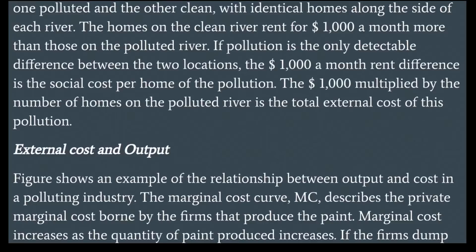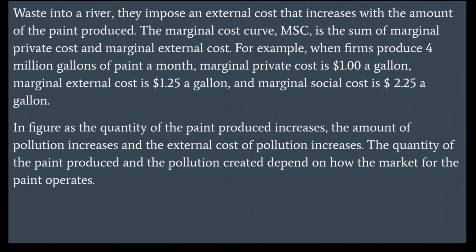External cost and output. The figure shows an example of the relation between the output and cost in a polluting industry. The marginal cost curve MC describes the private marginal cost borne by the firm that produces the paint. Marginal cost increases as the quantity of paint produced increases. If the firm dumps waste into the river, they impose an external cost that increases with the amount of paint produced.